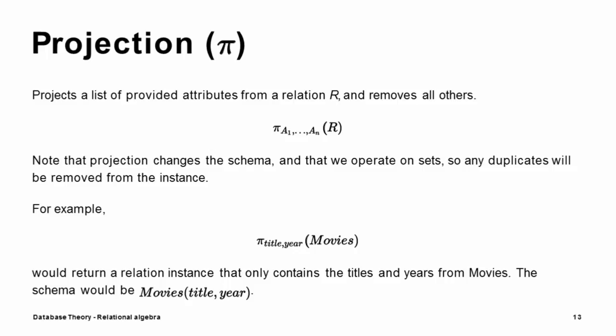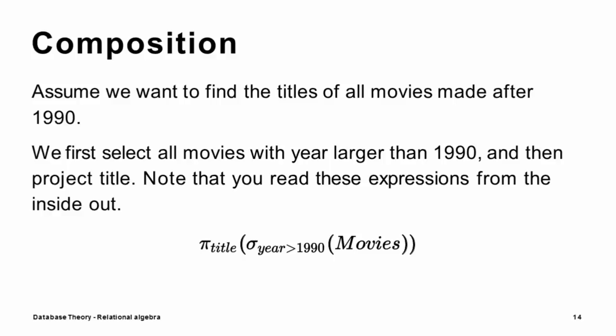And that's what you have here. The new schema is movies with title and year, but it returns all the instances for it, right?